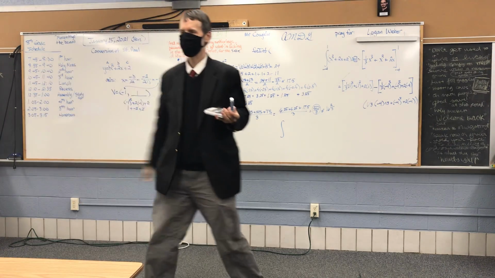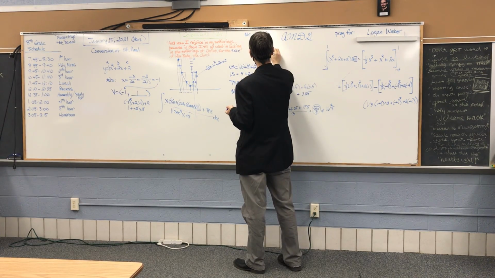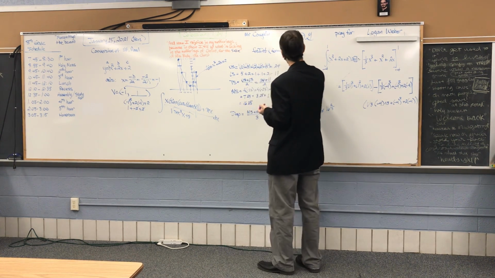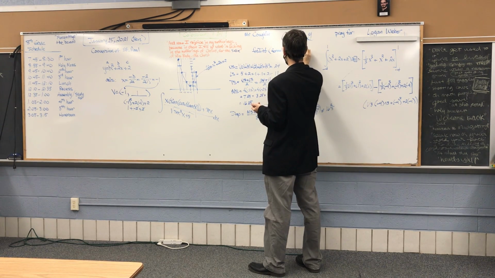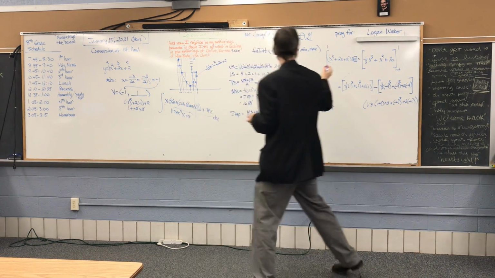People on the old calculators like me, here's what you have to do. It's going to be formula, comma, variable, comma, min, comma, max. In other words, this is the formula.